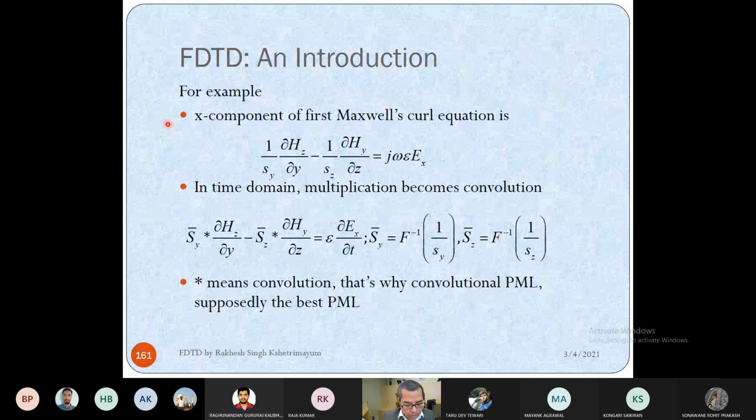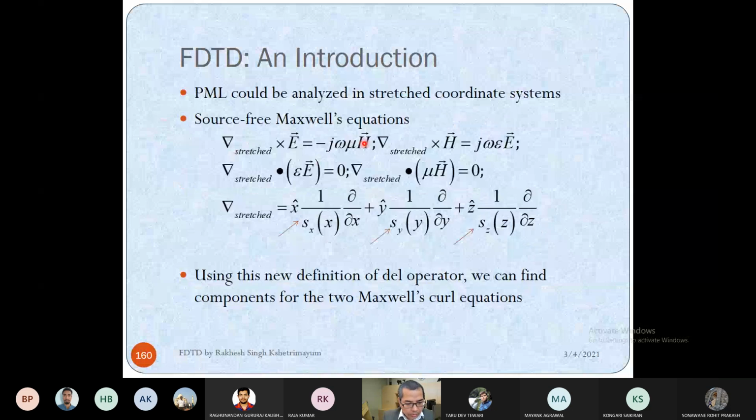Now for this Maxwell equation in the stress coordinate system, you can find out the components of the curl operation. Consider this first equation, curl of E is equal to minus j omega mu H. Only thing is del is stress now.